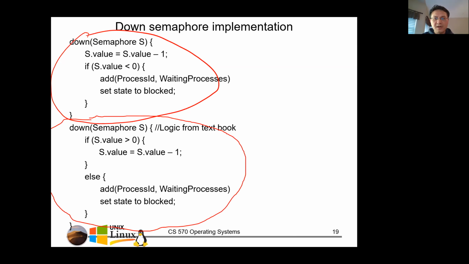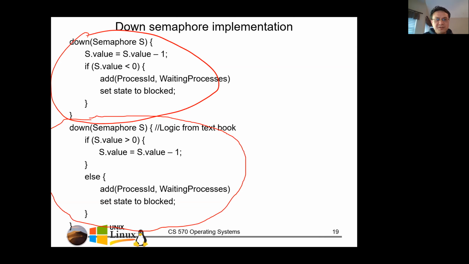If so, it decrements the semaphore value. Otherwise, it adds the calling thread or process to a wait queue and blocks the calling thread or process. In the implementation in the bottom half, you cannot have the semaphore value less than 0. Okay, so that's this implementation.